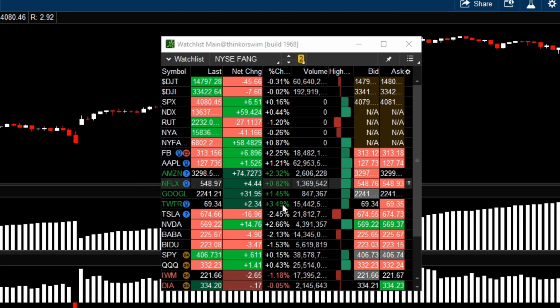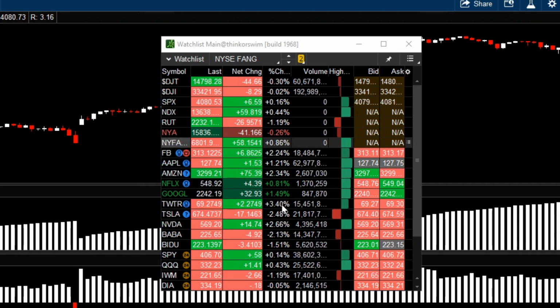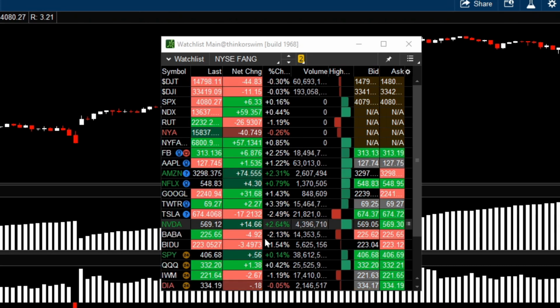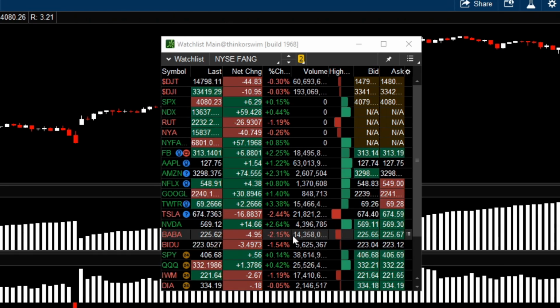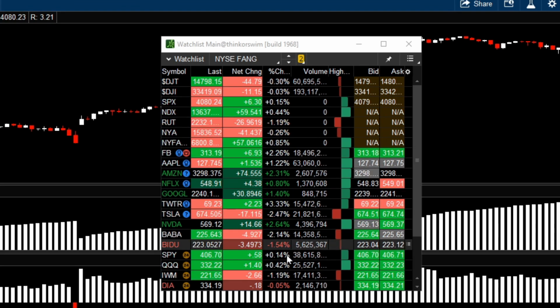And these are the FANG plus stocks. In addition to the FANG stocks, there's Twitter, which is part of this NY FANG index. Twitter is up almost 3.5%, Tesla down 2.5%, Nvidia up a little over 2.5%, Alibaba down a little over 2%, and Baidu down 1.5%.